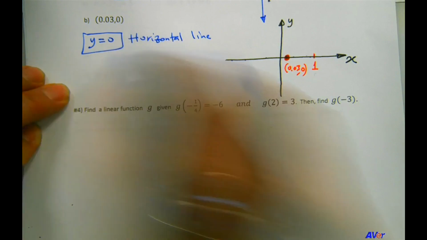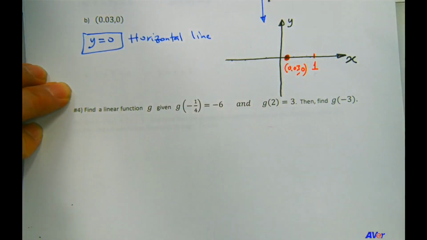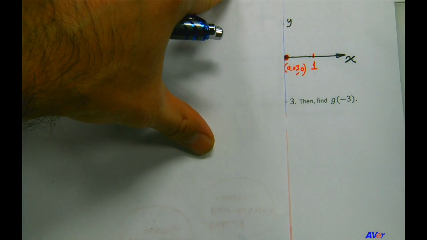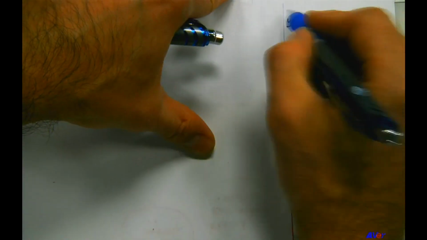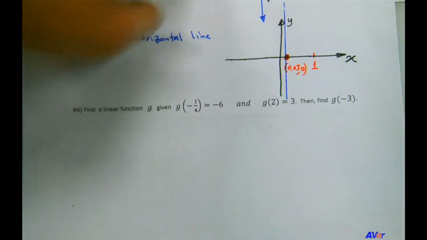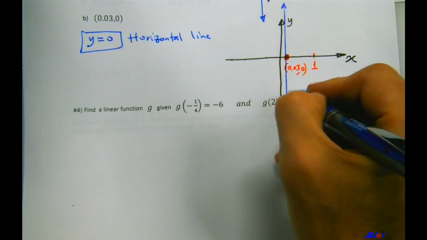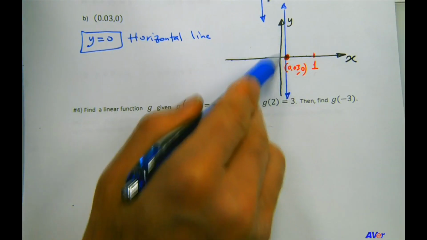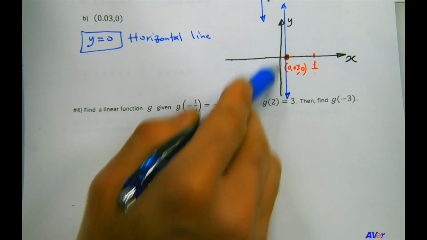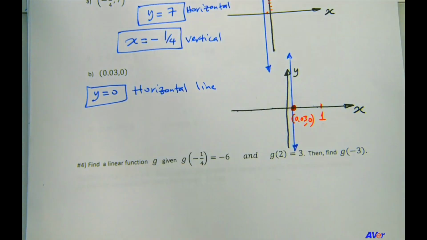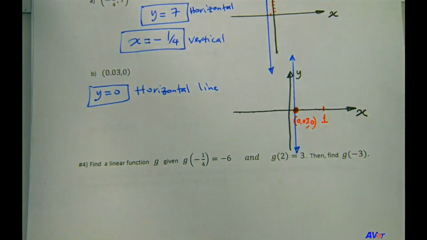Okay. Now the vertical line would go through that point like this. Okay. So because it's going through that point, all the points on that vertical line have the same x value.